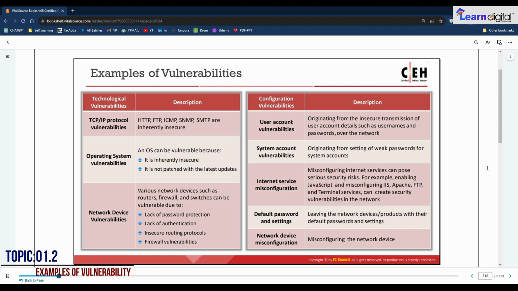You can see TCP/IP protocol vulnerabilities, as we discussed in the earlier module, operating system vulnerabilities, network device vulnerabilities, user account vulnerabilities, system accounts, internet service default passwords, then network device misconfiguration vulnerabilities. These are the kinds of vulnerabilities we need to keep in mind.